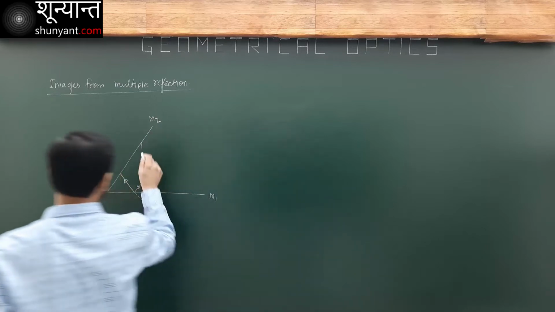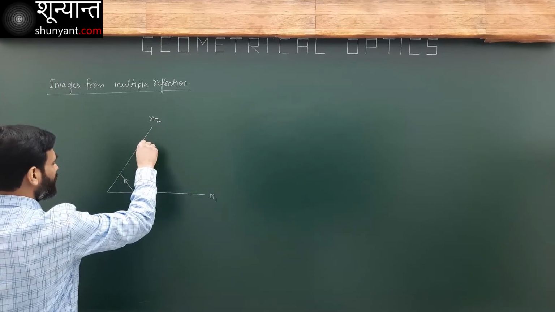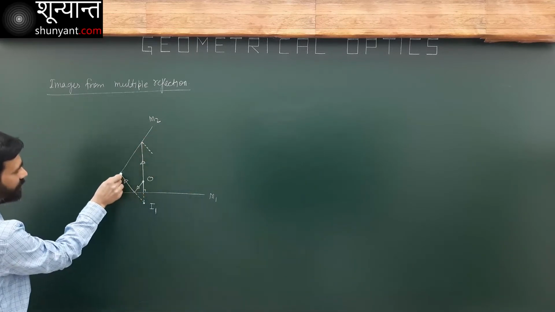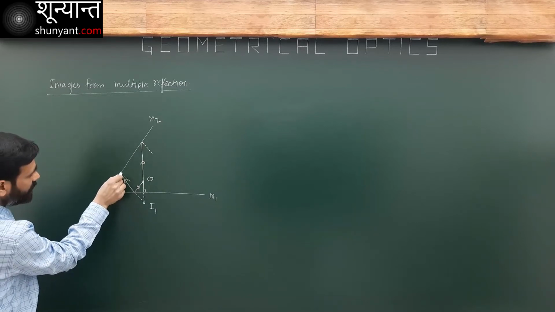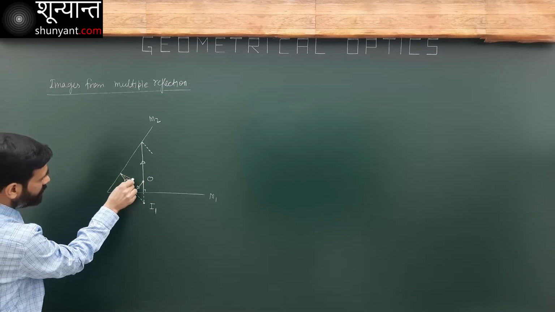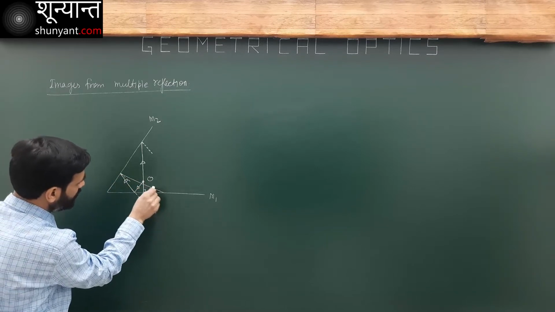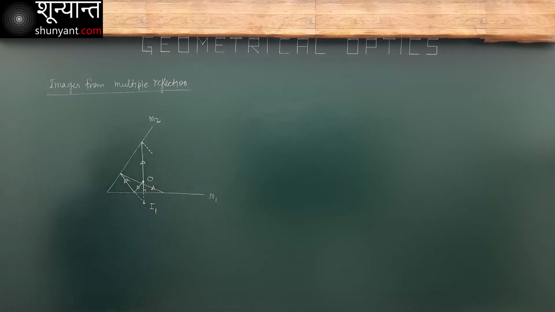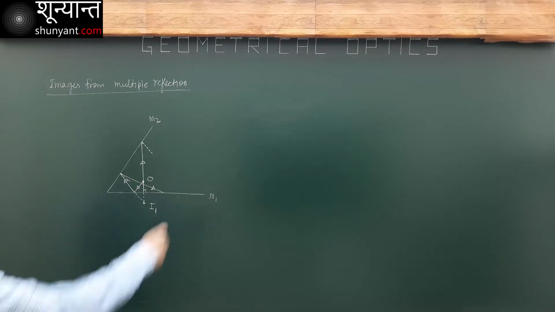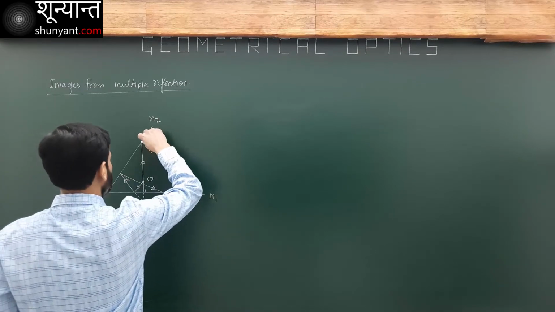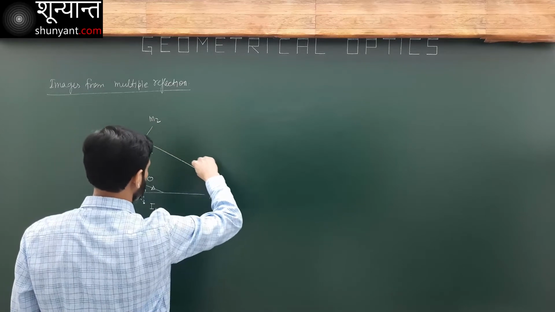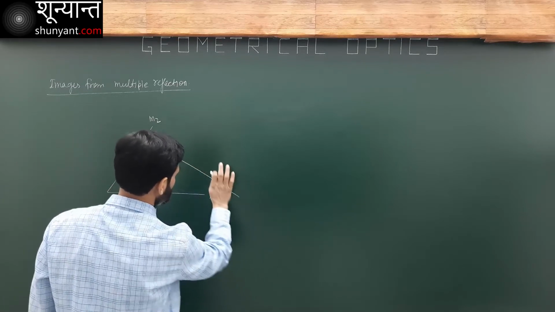Now it will reflect light, and an image will be created. This is my normal here, and light will reflect here like this, at some angle.